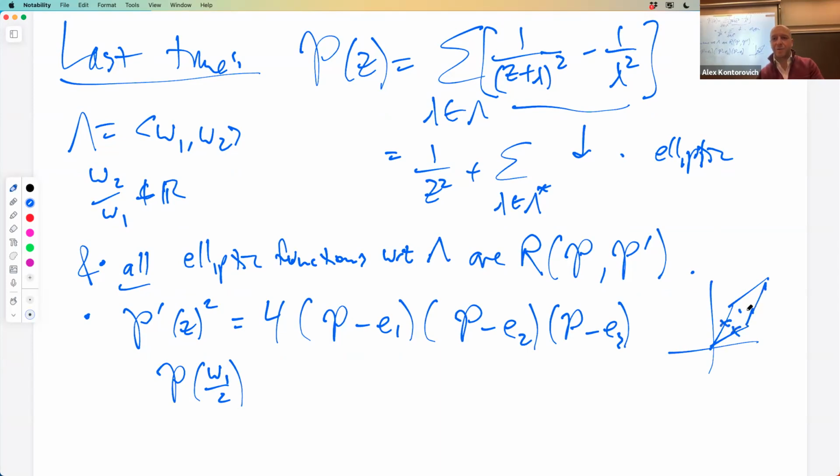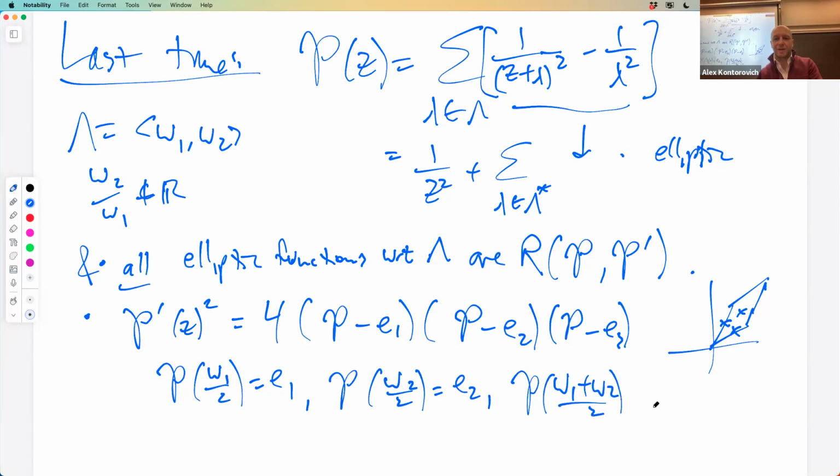P of omega 1 over 2 was e1, p of omega 2 over 2 was e2. Of course, it doesn't matter which one is which. And the center point was e3. Okay, so we parameterize elliptic curves.